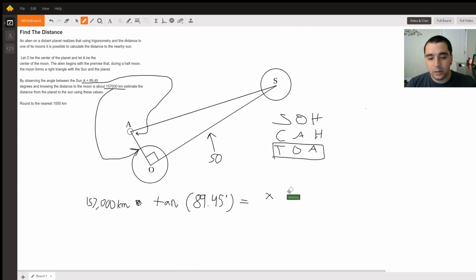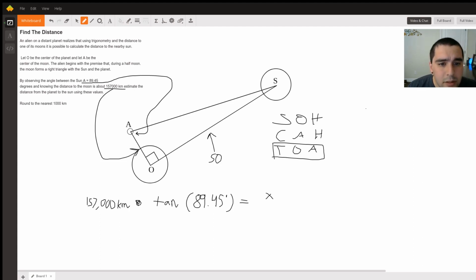Now from here, we're just going to punch this into a calculator. Just give me a second. So I just did 157 times tan of 89.45, and that's supposed to be in degrees, not radians.